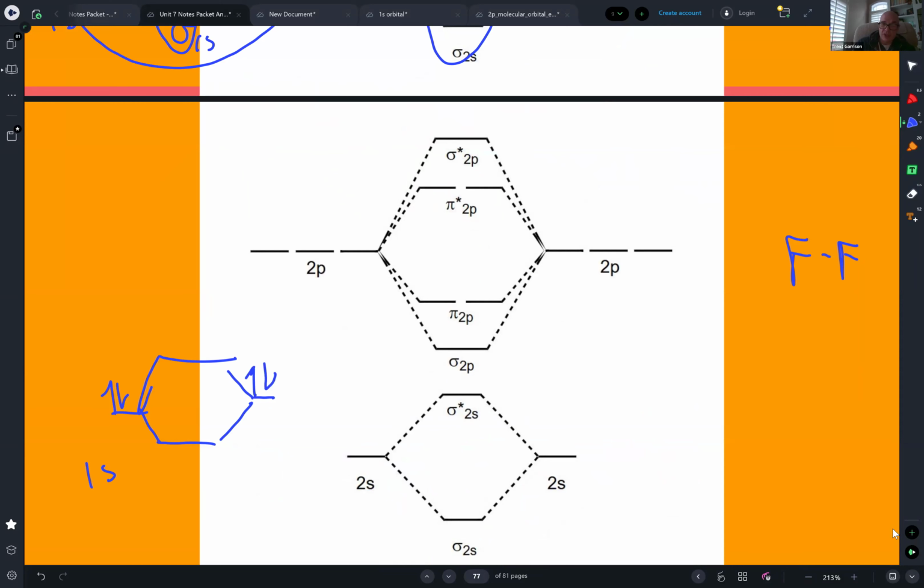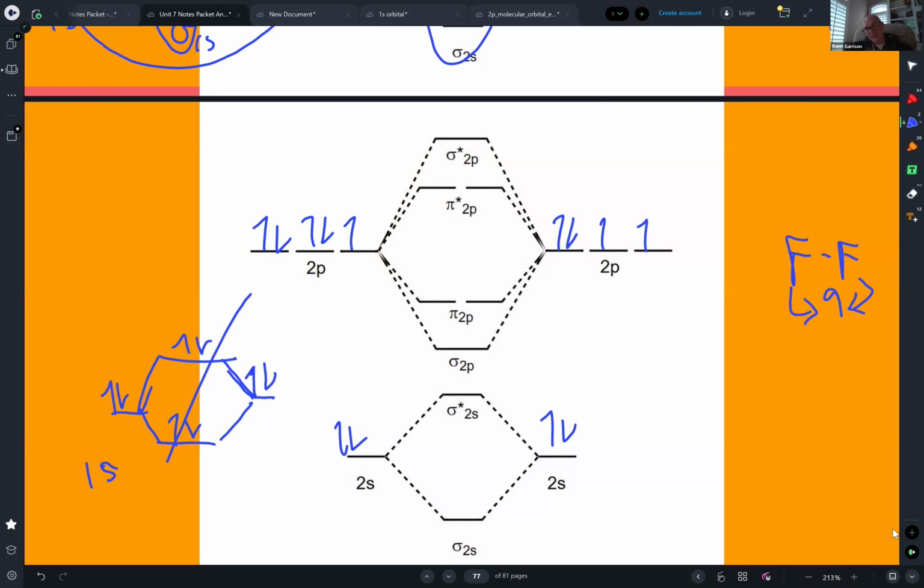Those are the first 2 electrons that are in the first energy level. And if I place those on here, we notice that they cancel out. Element number 9 is fluorine. It has 9 total electrons. So 1, 2, 3, 4, 5, 6, 7, 8, 9, 9, 2, 3, 4, 5, 6, 7, 8, 9.